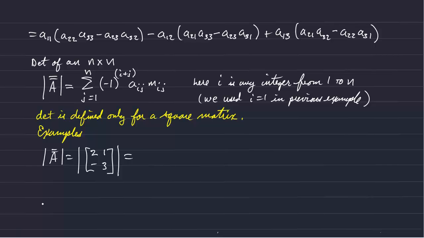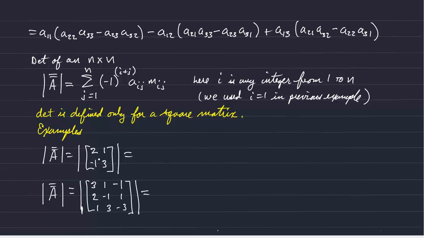And the second example is a 3 by 3 matrix. These are the two matrices I'd like you to take the determinant of, so go ahead and stop the video and work through this on your own, and restart the video when you're done.